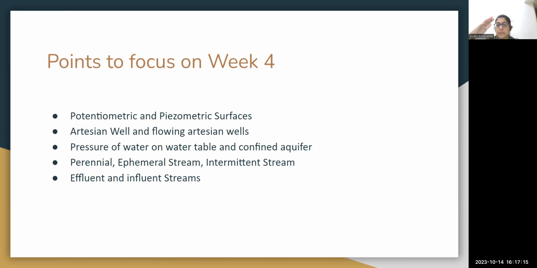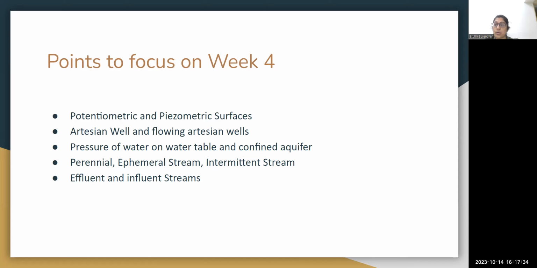The potentiometric surface is the imaginary surface formed if a number of wells were put in between, connecting all the water levels of these wells.